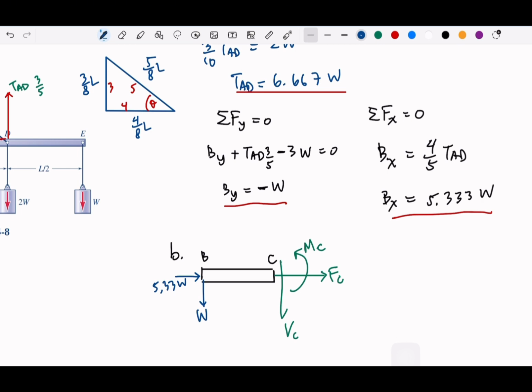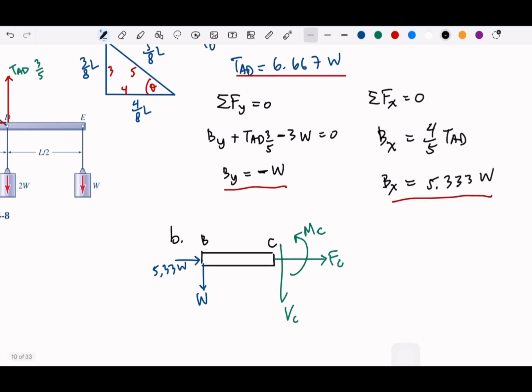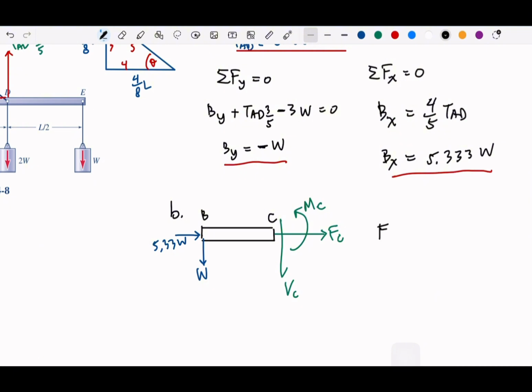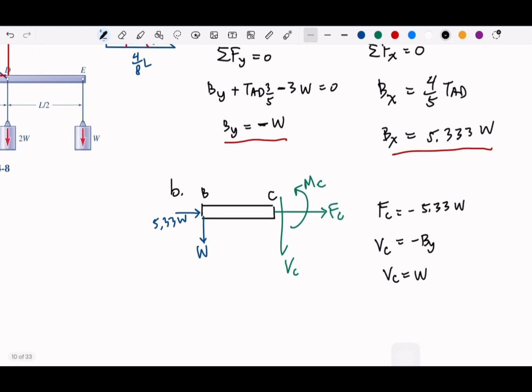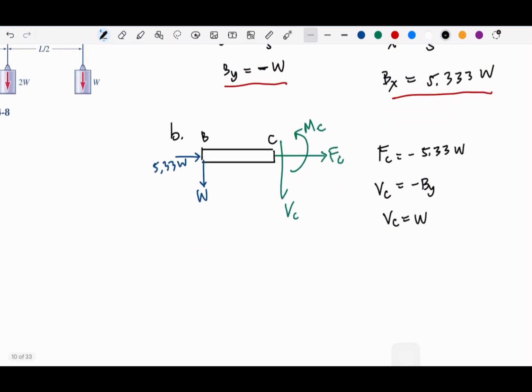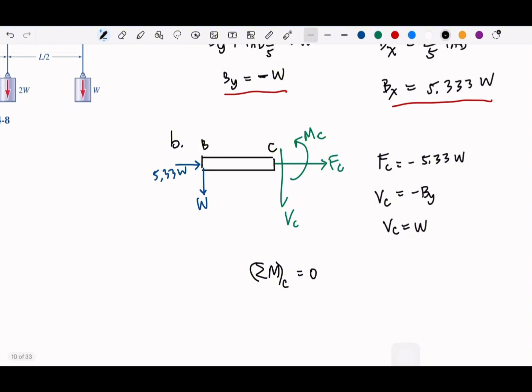So from here we could get the normal force directly, which is negative 5.33W, and the shear force at C is going to be equal to negative Vy, or V at C is equal to W. And then the moment, if we take with respect to C, we get, this is how much?